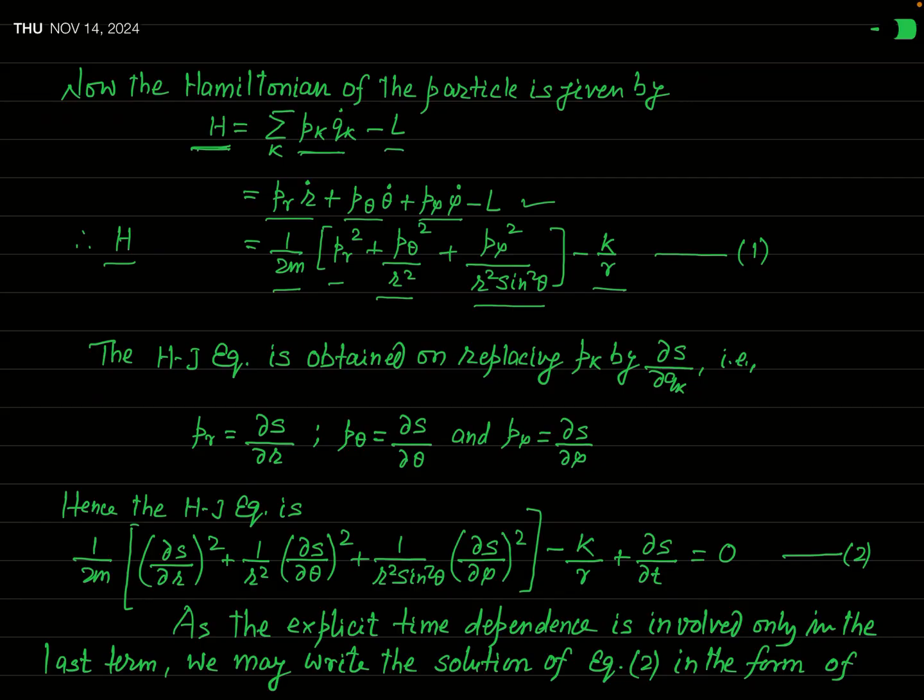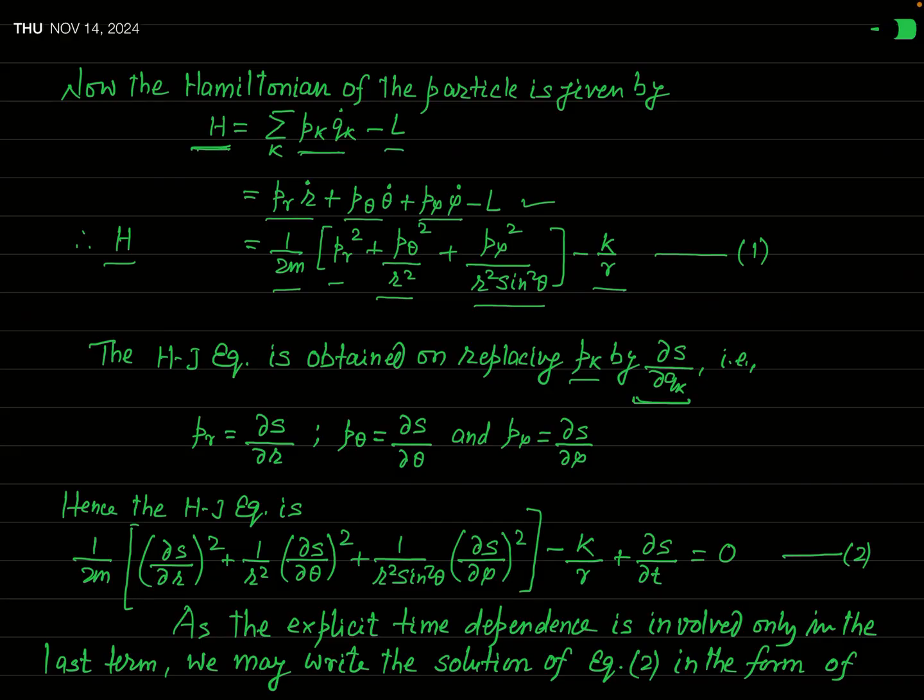Now, the action angle variable is applied through HJ theory, that is Hamilton-Jacobi theory, and the Hamilton-Jacobi equation can be obtained by replacing Pk by del S by del Qk. When Pk, the kth component of momentum, is replaced by del S by del Qk, what is this capital S?